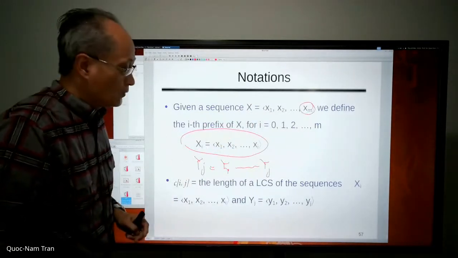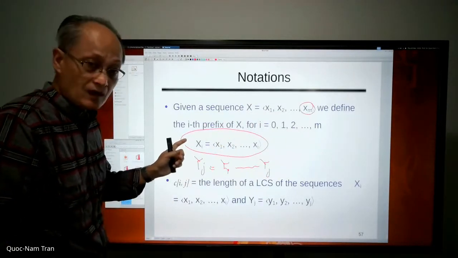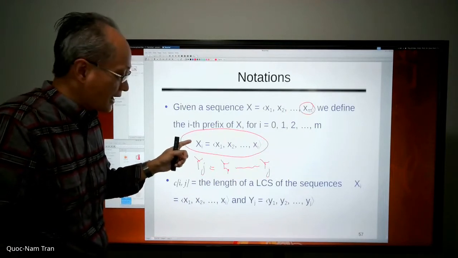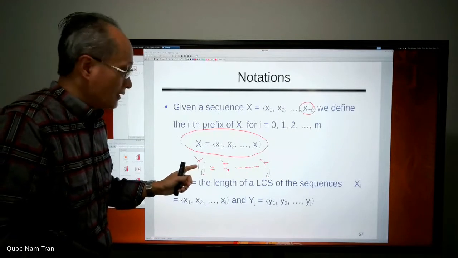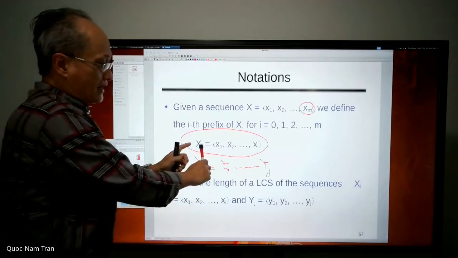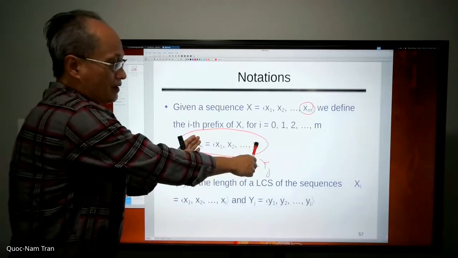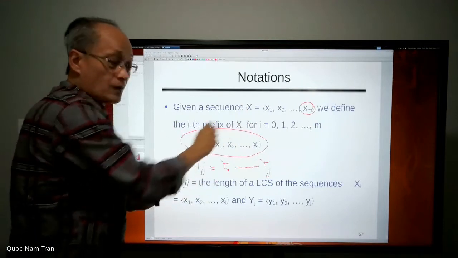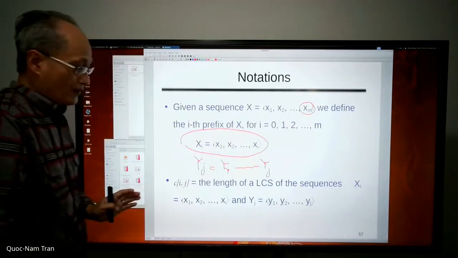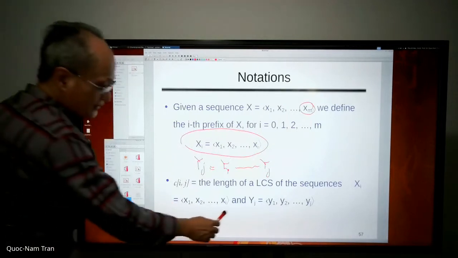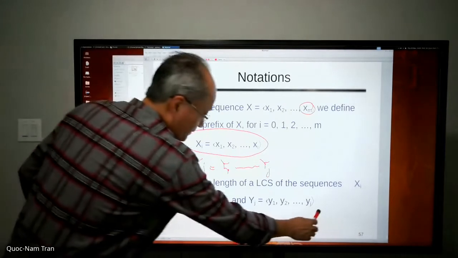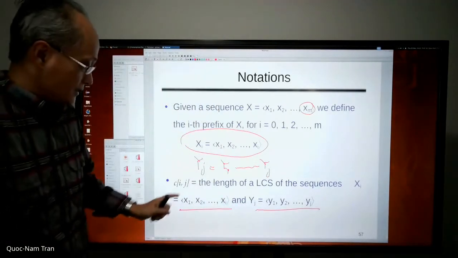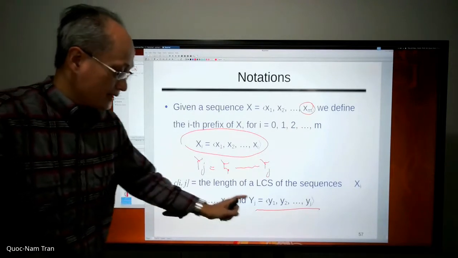So in other words, we need to find out the longest common subsequence of xi and yj, where xi is the first i elements of x and yj is the first j elements of y, right?